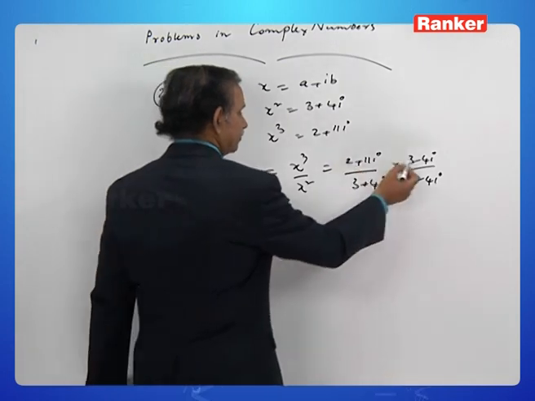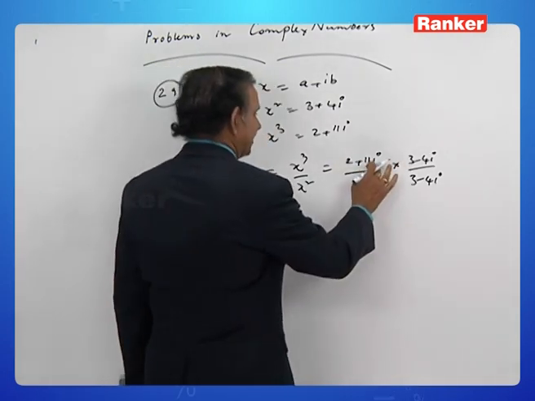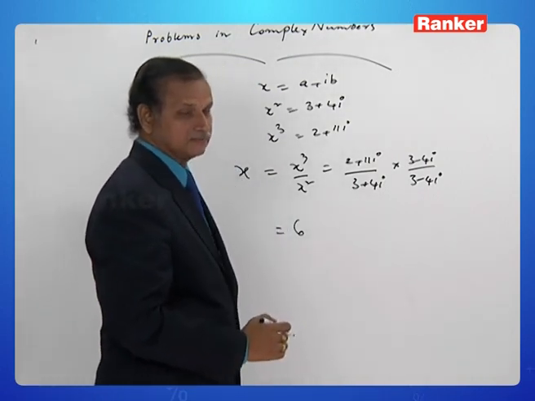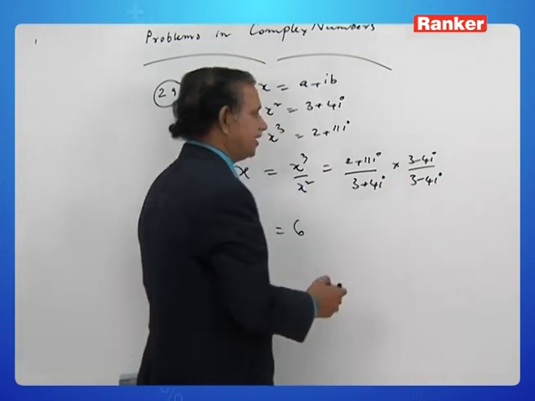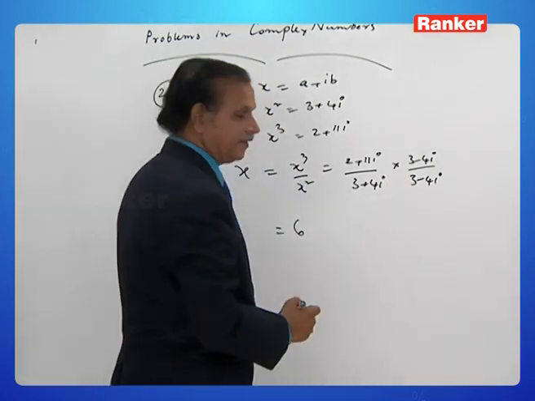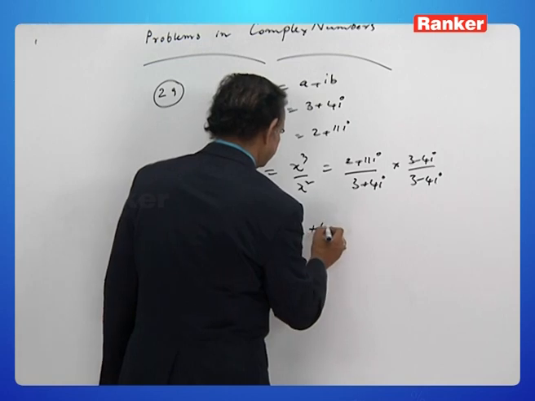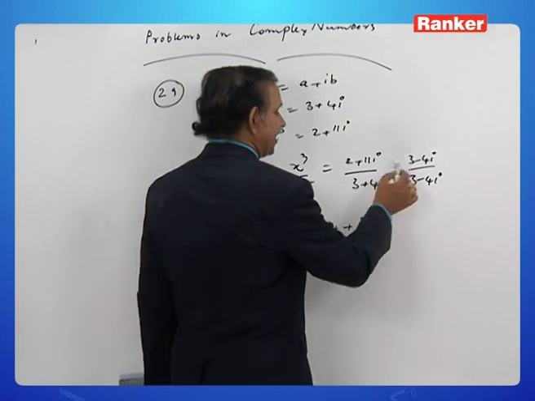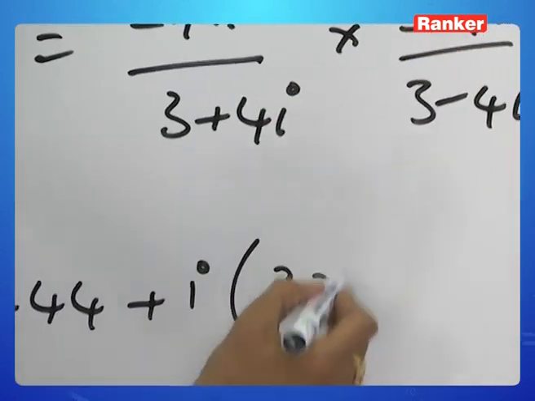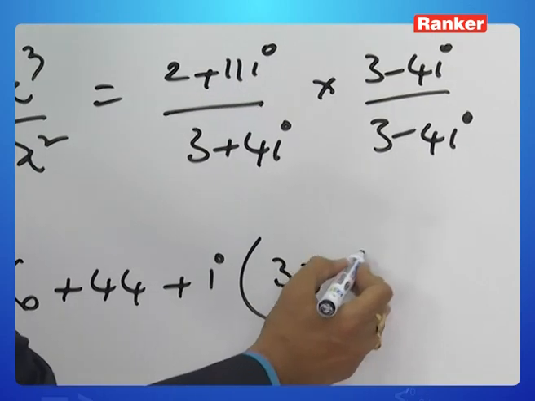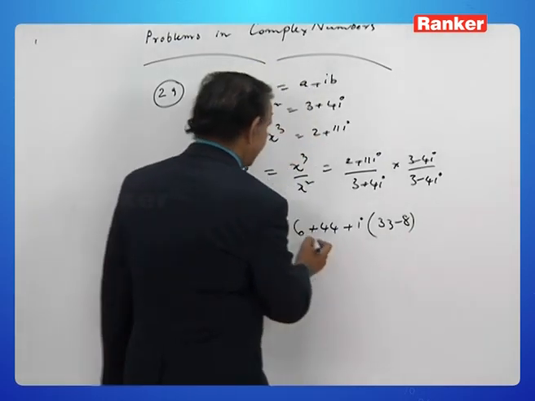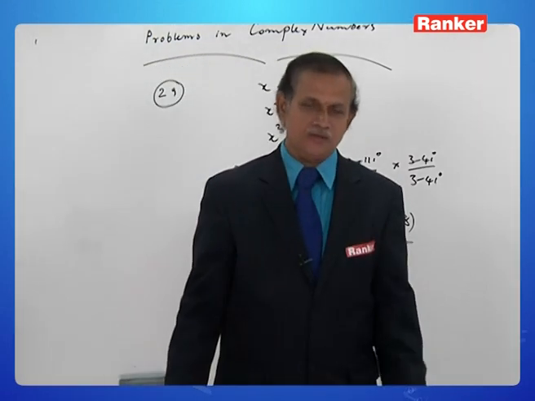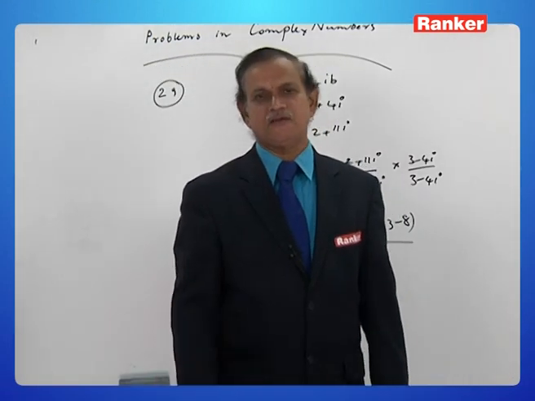Multiply 2 into 3, 6. 11i into minus 4i is minus 44i square, that is plus 44. Next, imaginary part. 11i into 3, 33i, minus 4i into 2, minus 8i, by, come to the denominator. 3 plus 4i into 3 minus 4i. 3 minus 4i is just the complex conjugate of 3 plus 4i.